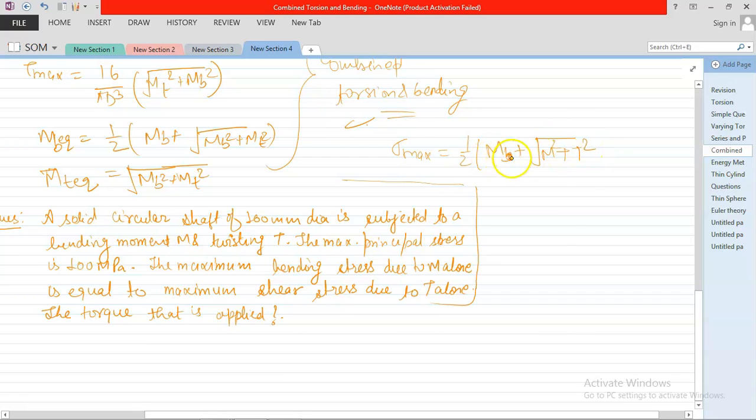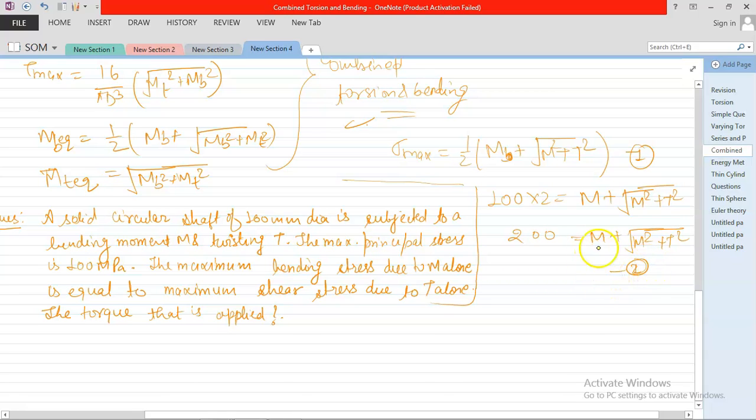And the value is given as 100 megapascal. So it is 100 into 2 is equal to M plus under root M square plus T square. So it will be 200 is equal to M plus under root M square plus T square. This is your first equation.